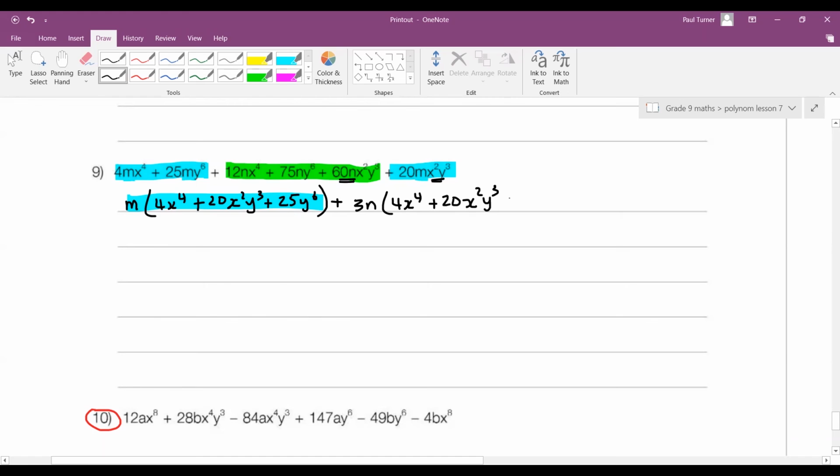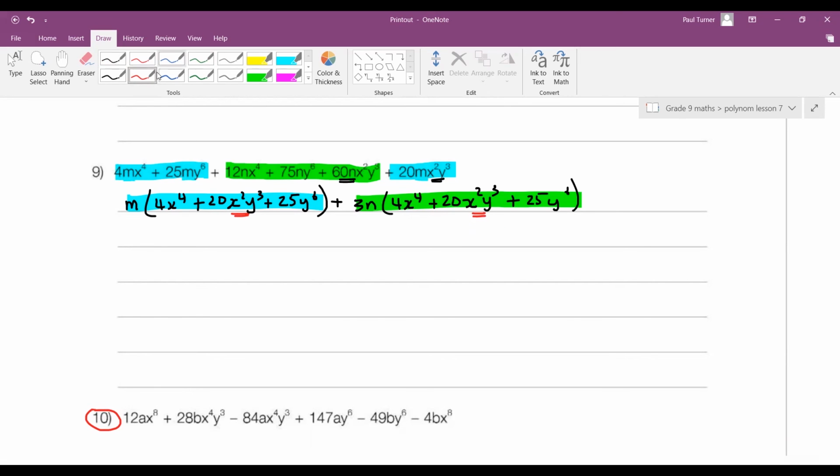And then the last term will be 75, 3 times 25, y6. Right. So this is the green part there. And just notice how I grouped the two variables, x, y, I put in the middle. That will help you when you do your factorizing.